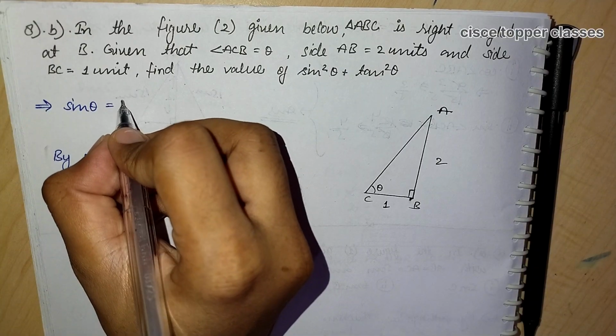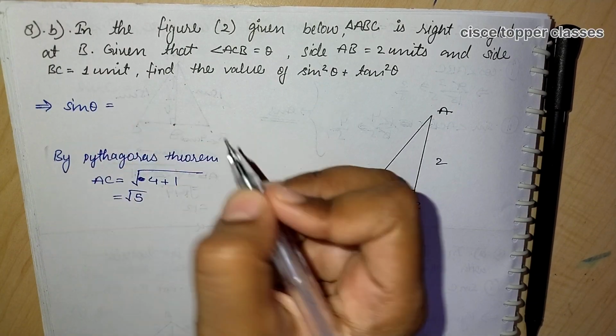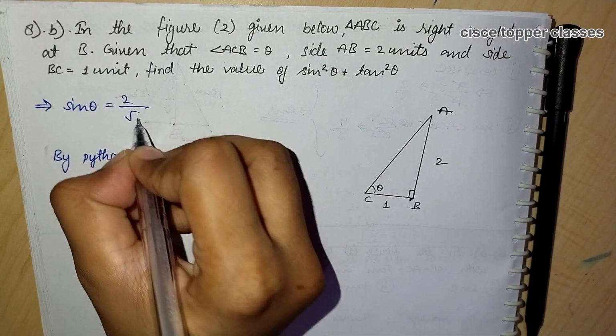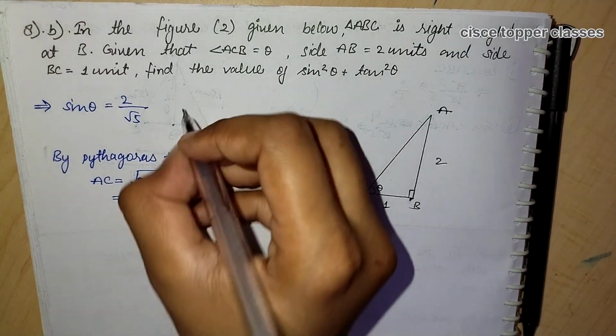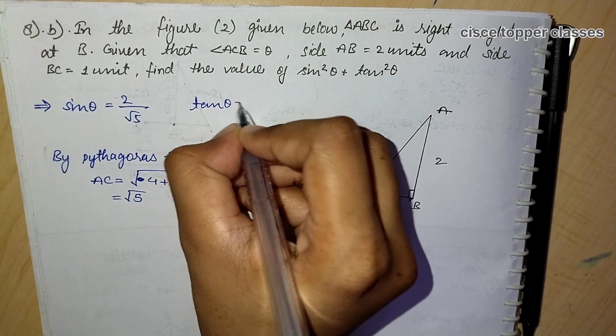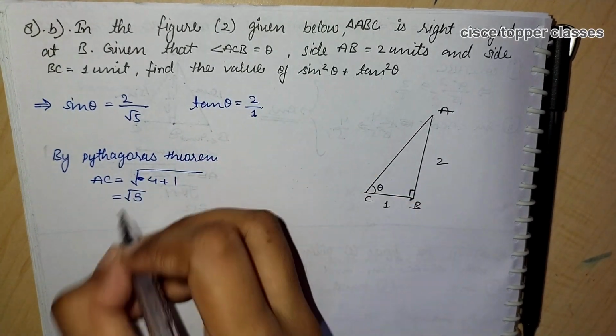Now sin theta will be perpendicular by hypotenuse, means 2 by under root 5. We can write the tan theta also here. This will be perpendicular upon base, means 2 by 1.